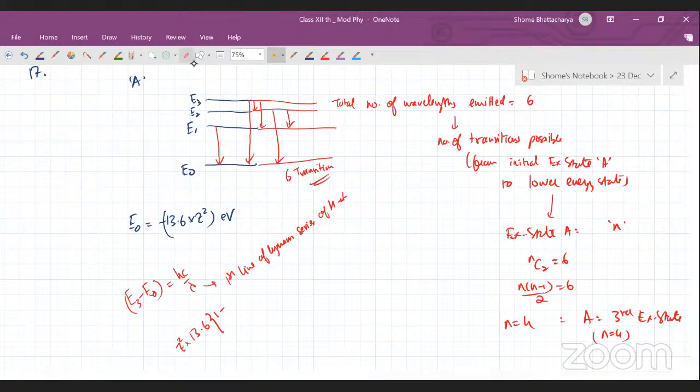So we cannot be sure which one it is. Some 1 by n2 square minus 1 by n1 square is exactly equal to 13.6 into 3 by 4.